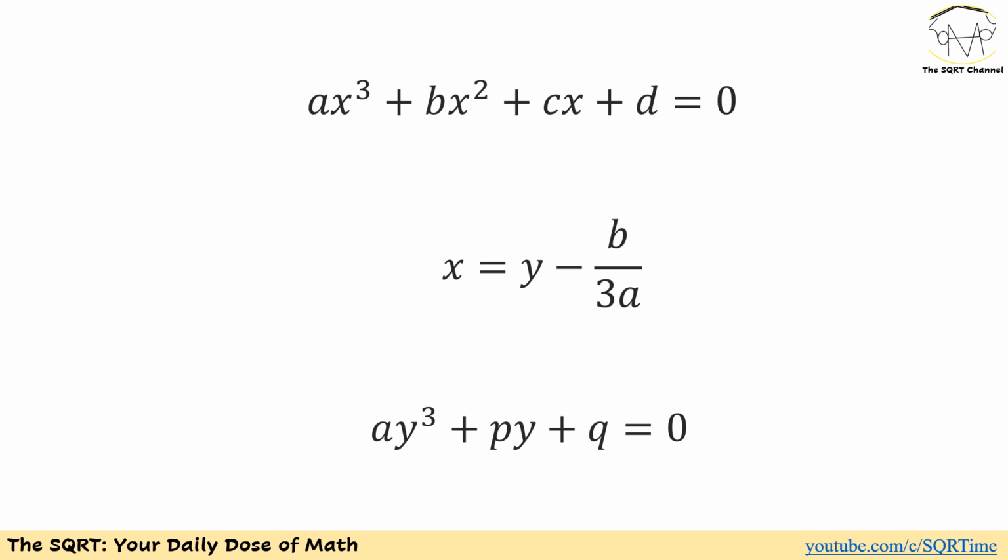If you do this replacement, then you're going to end up with another cubic equation, but here you don't have any coefficient for x squared. Basically, we have the same coefficient that we had for x cubed here for y cubed, but we need to find the coefficient that we are going to have for y and also the constant value.